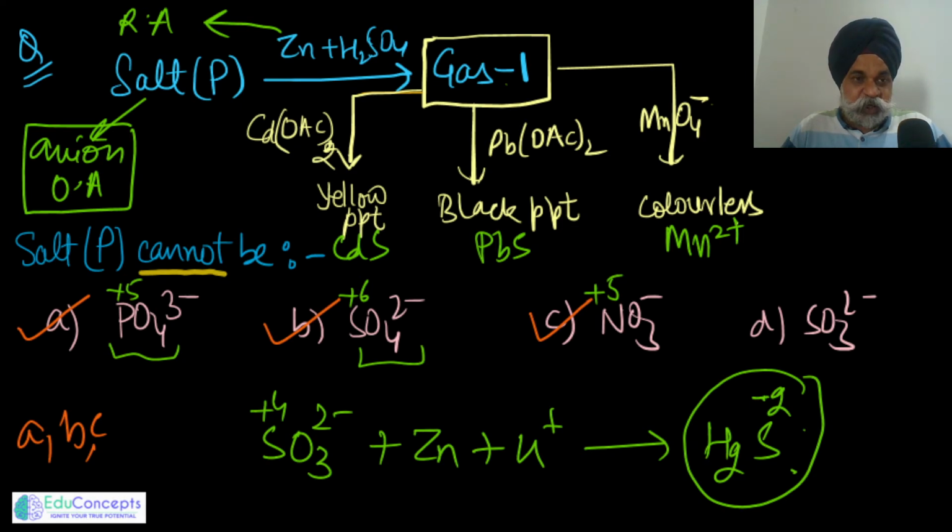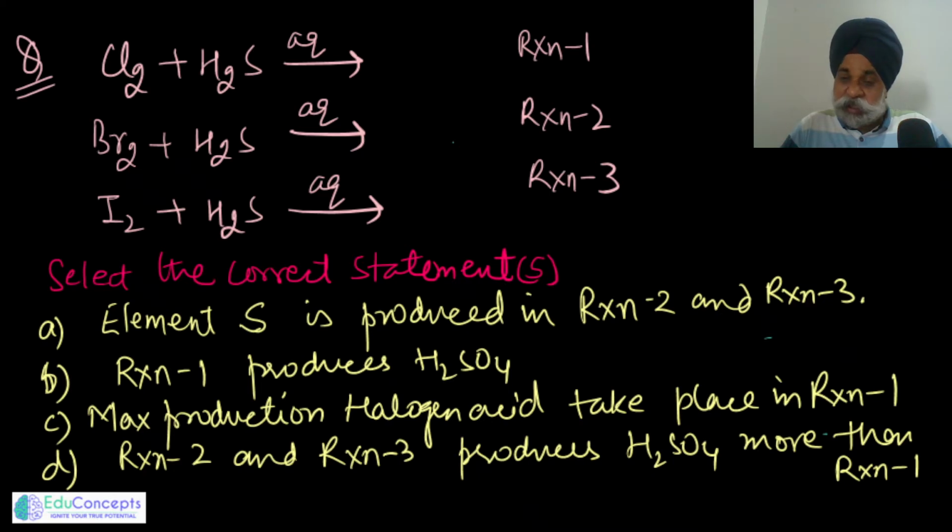Okay, going forward, the next question. In this particular problem, what is being said is again a very interesting question, where chlorine, bromine, iodine are being treated with H2S, and sulfur here is in -2. Most of the time I see every reaction from the redox point of view, because that gives me a good insight into inorganic chemistry as a whole.